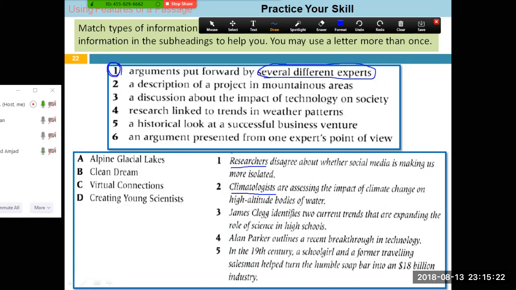Let me tell you. Can you tell me what these climatologists are doing? They are just observing something. They are sitting in the mountains and just assessing. They're doing an assessment: temperature is going down, temperature is going up, snow is melting, lakes are expanding, lakes are squeezing.